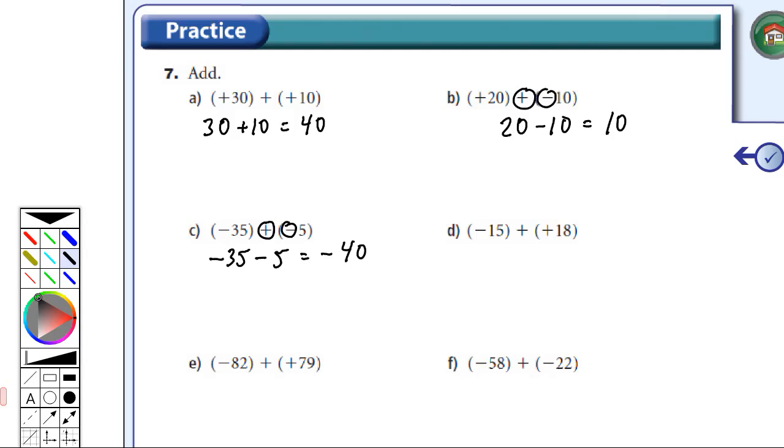Next question I have minus 15 plus 18. The plus plus turns into a single plus. 15 on the left, when I add 18 to the right, that's going to leave me at positive 3.